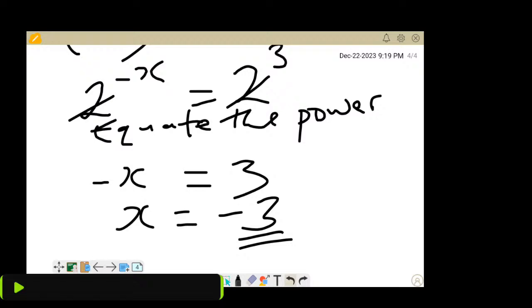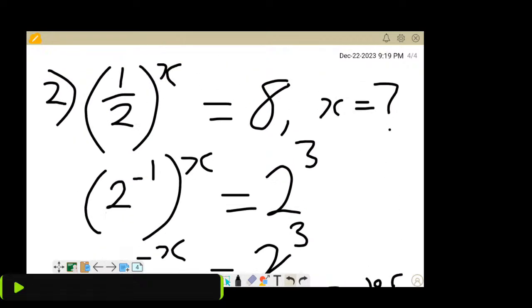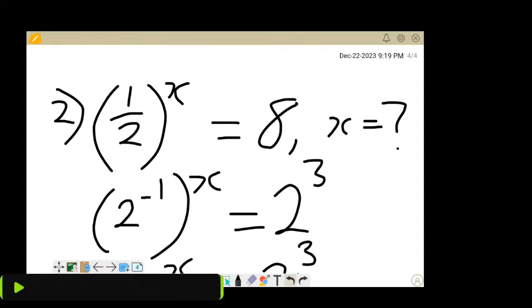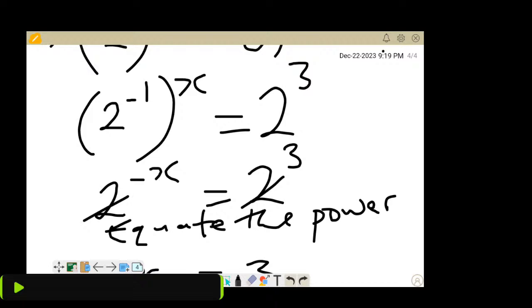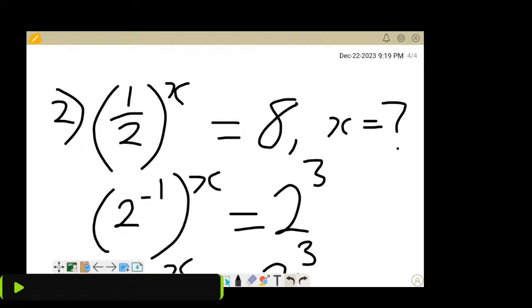What we've done here is just to apply the laws of indices. Starting from here, we reduce this one to 2 raised to the minus 1 and multiply it by the power of x that is outside. Also, this one is turned to 2 raised to the power 3. We all know that 2 raised to the power 3 equals 8.